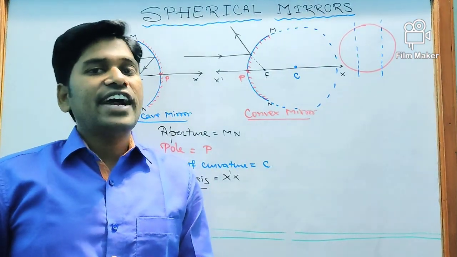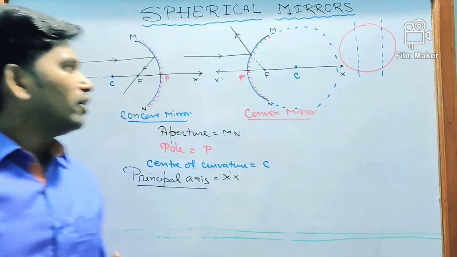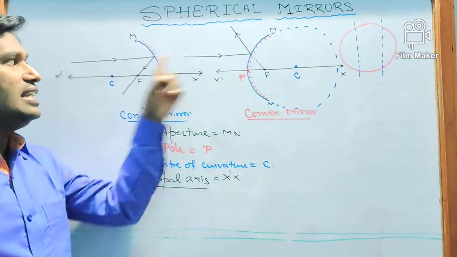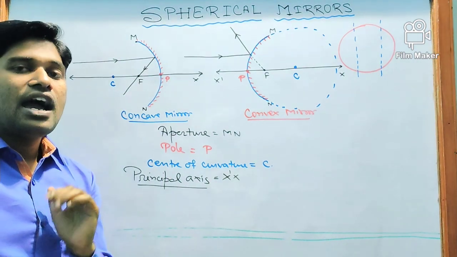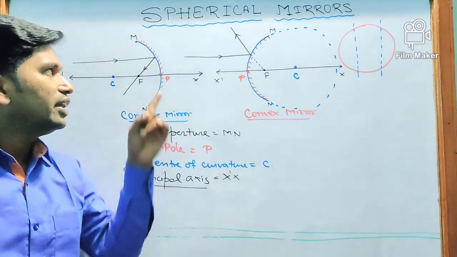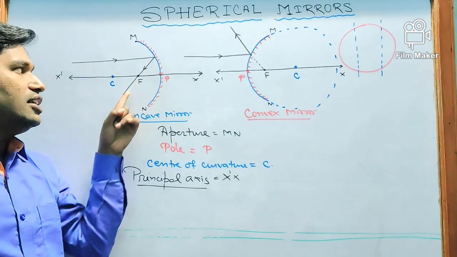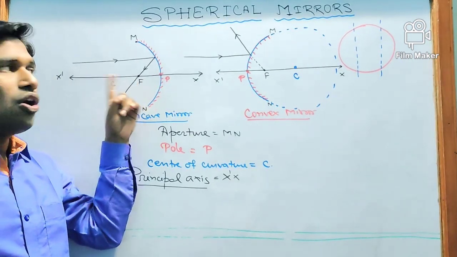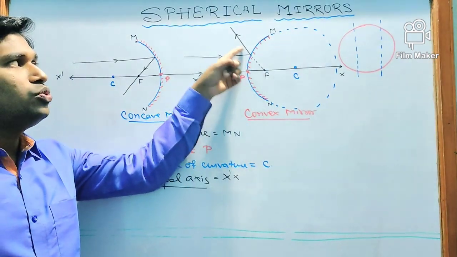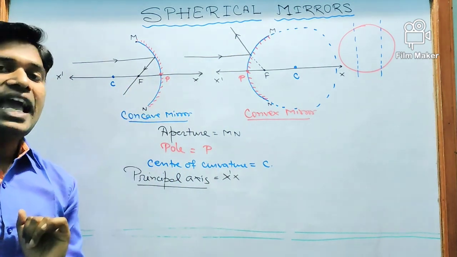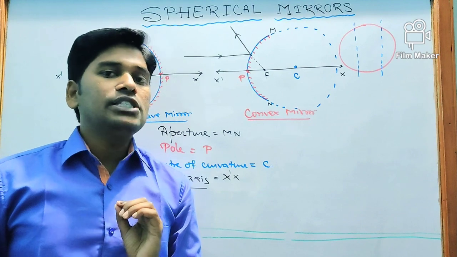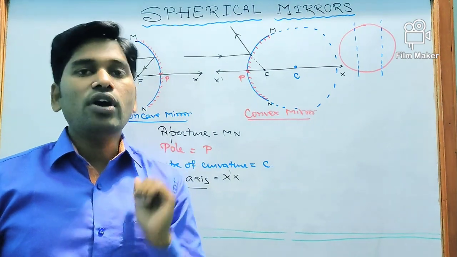So we can define focus as: when a ray of light is incident parallel to the principal axis, after reflection it passes through, or appears to come out from, a point on the principal axis. That point is known as the principal focus.